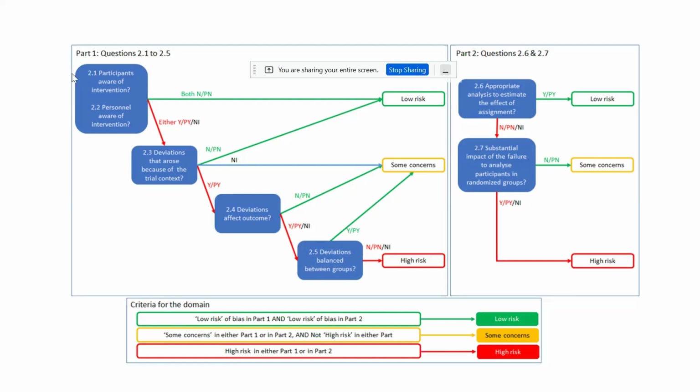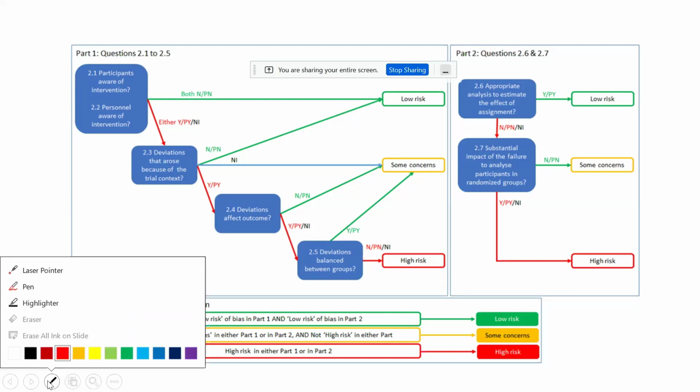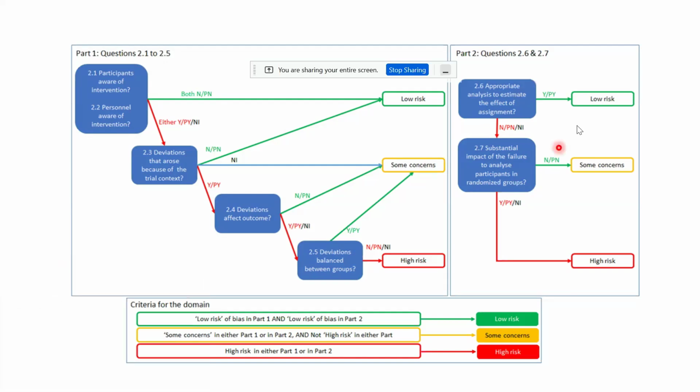So that is why per protocol analysis and as treated analysis are considered inferior to intention to treat analysis, especially when we are seeing the effect of assignment to intervention. So, at least in this case, when we talk about 2.6, has appropriate analysis been done to estimate the effect of assignment?